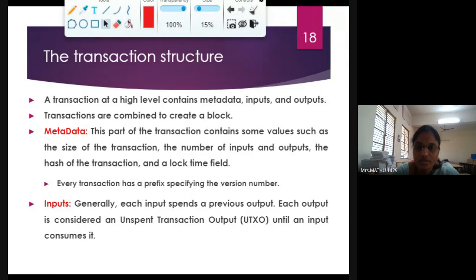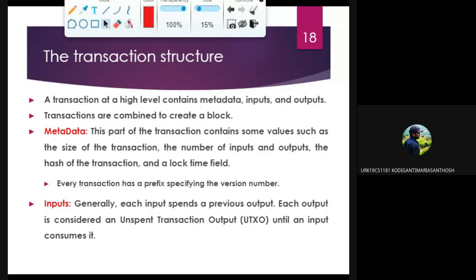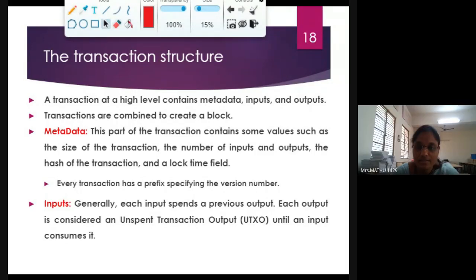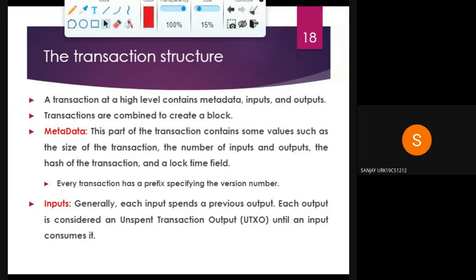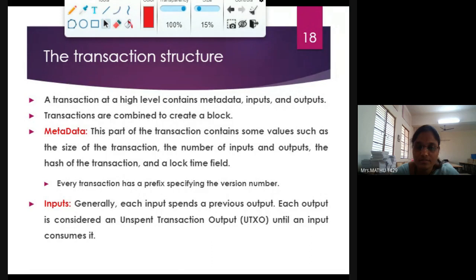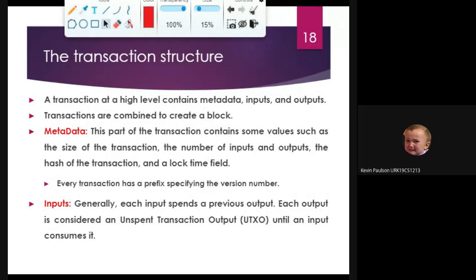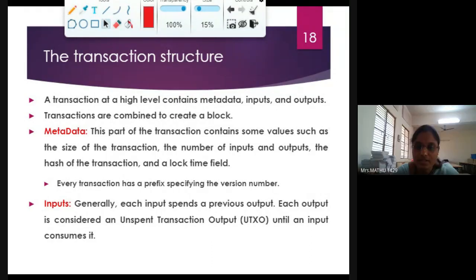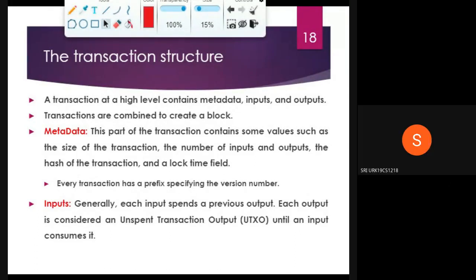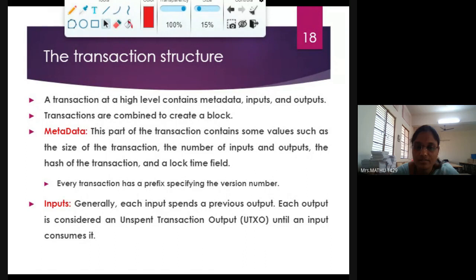Maria Santosh, present, ma'am. Sasidhar Reddy, present. Austin, present. Kambam Sanjay, present. Kevin Paulson, present. Sri Sai Rahul Reddy, yes, ma'am. Kavin, present. Johnson, present.